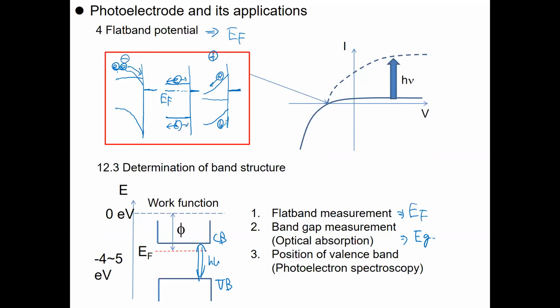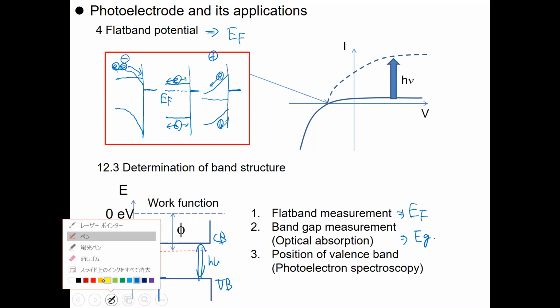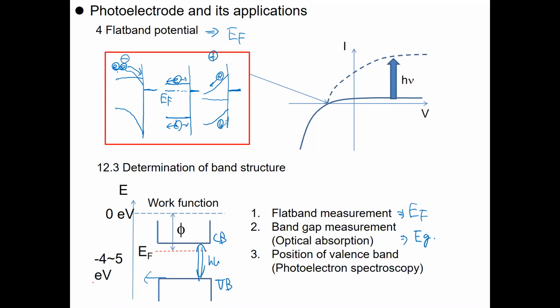And since we don't know the absolute value of the energy, because we don't have any kind of specific zero position, to do so, we use the valence band position by using photoelectron spectroscopy, which means electrons are coming out by using UV light and we measure the energy of the electrons, and you could decide exactly the valence band maximum energy.